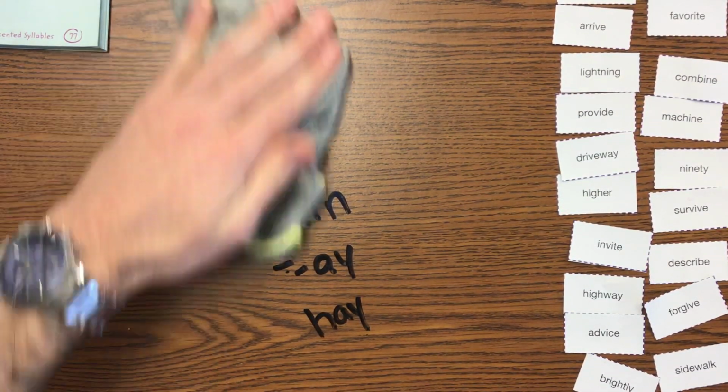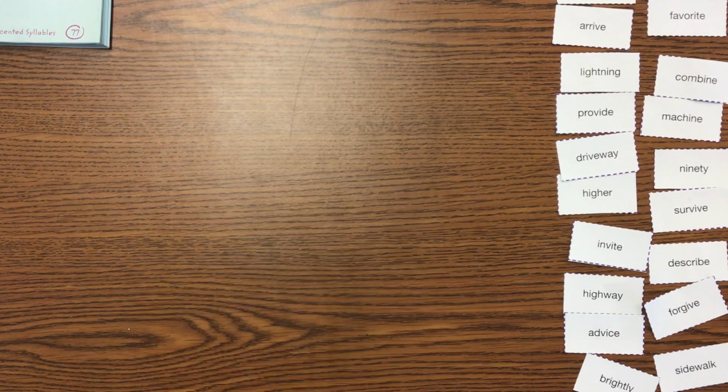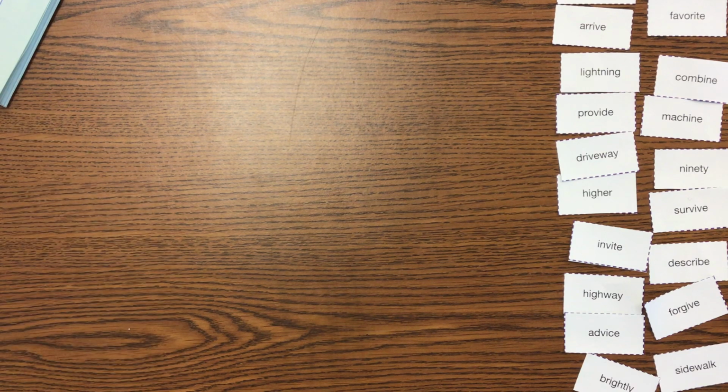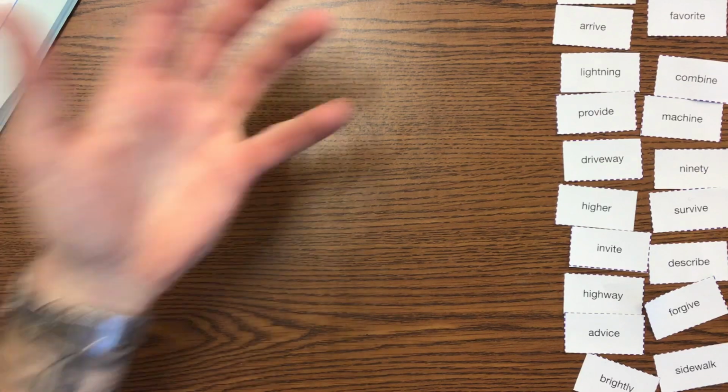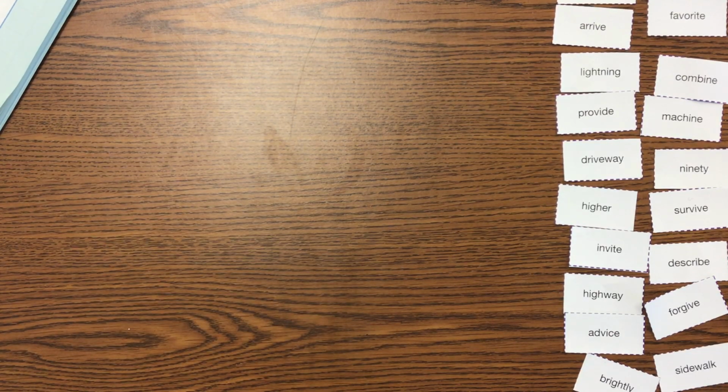So today, I know that was a little bit long, but today's sort is really the same, except instead of looking for that long A pattern in syllables, we're looking for the long I pattern in syllables, okay? And then I think you can probably see the pattern over the next few weeks. We'll talk about long E patterns in accented syllables. We'll do U and O, okay? Because there are different rules depending on the word.